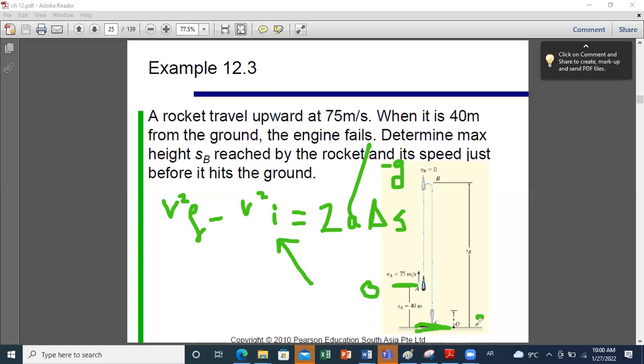Or another possibility is to say, because I found the properties at point 1, I can also apply this relation between point 1 and 2. Both will give you exactly the same result because the two phases share the same acceleration.